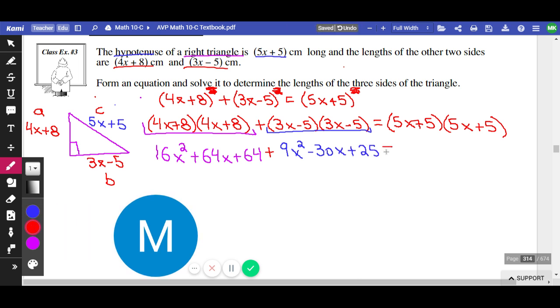Equals. And I'm going to do the third side over here. Again, I'm using distribution and collecting like terms. So it's 25x squared plus 50x plus 25. Holy smokes, eh?